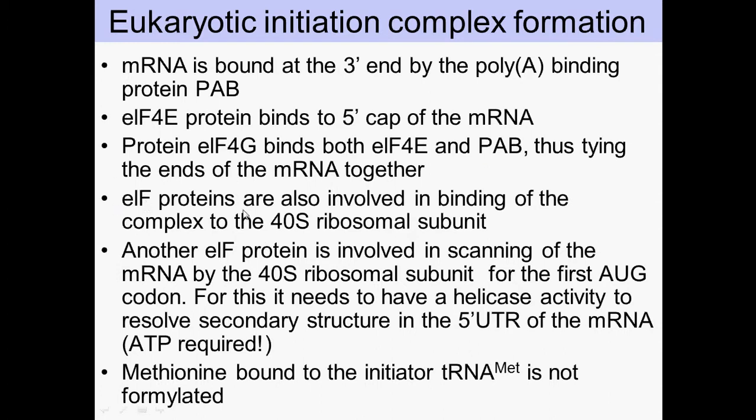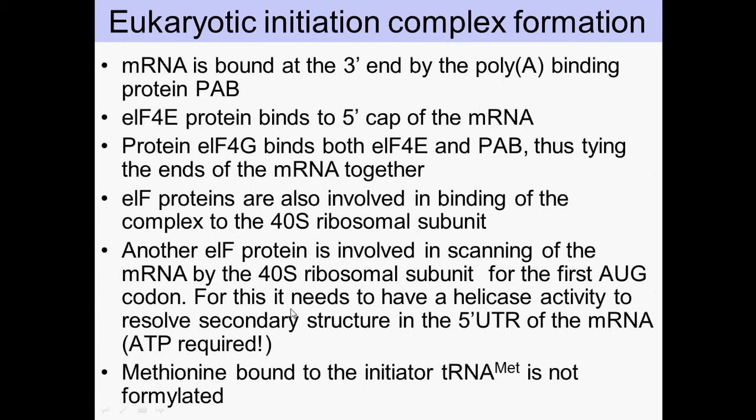And the elongation factors are also involved in binding the mRNA complex to the 40S ribosomal subunit. And the elongation factors are also involved in scanning the mRNA for the start codon, AUG, and there are specific ones.